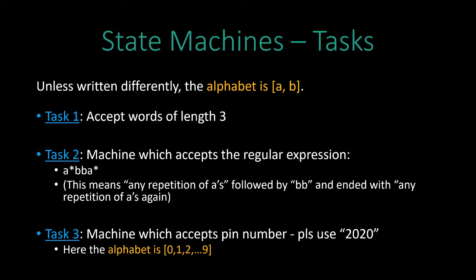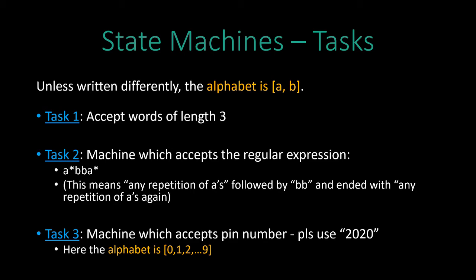So if it gets 2020, it accepts it. If it's any different or longer, it just goes into the death state. Again, this should be relatively easy. You don't have to write all the possible transitions. Just go through 0, 1, 2, for example. I think even on this board, I have prepared just 0, 1, 2, 3. So you don't have to go too wild with this.